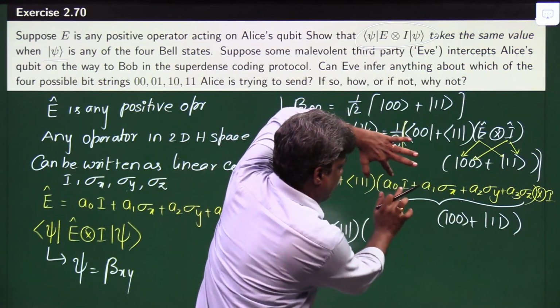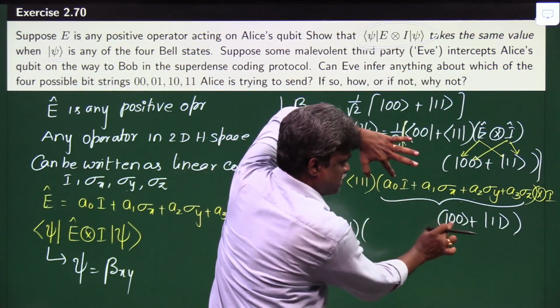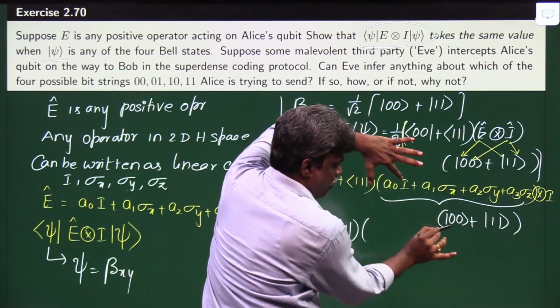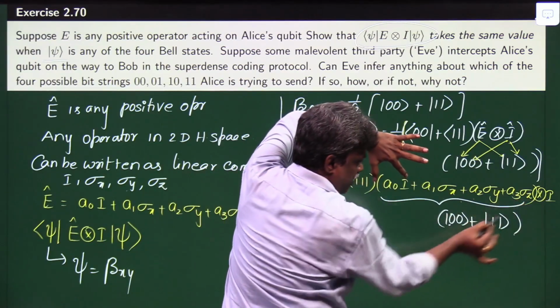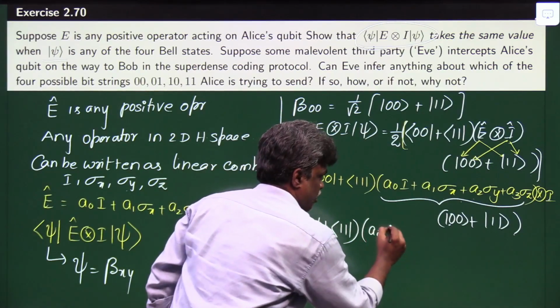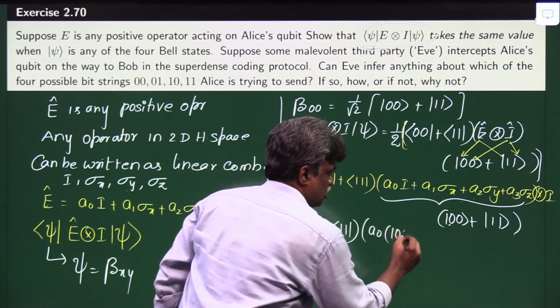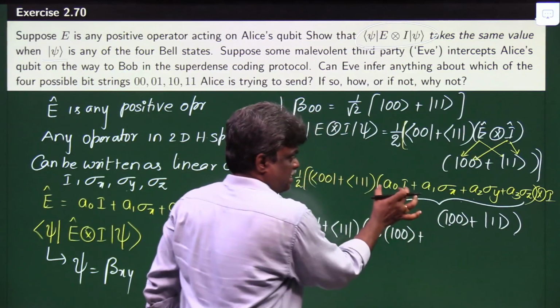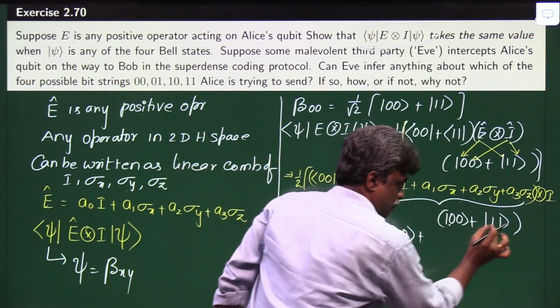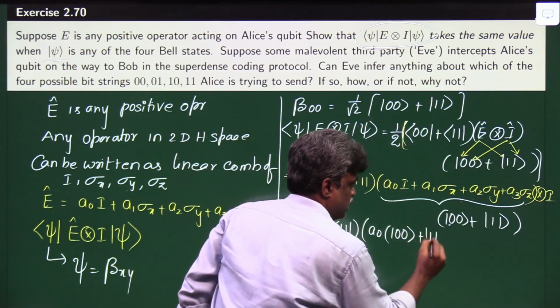So this is A0 I operating on the first and this I operating on the second. I repeat, this I operates on the first and this I operates on the second. Same state. That's why A0 |00⟩ plus the same thing. Again this one operates on the first and this one operates on the second. Same you will get, no change.